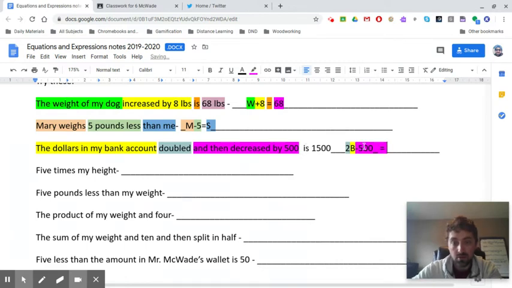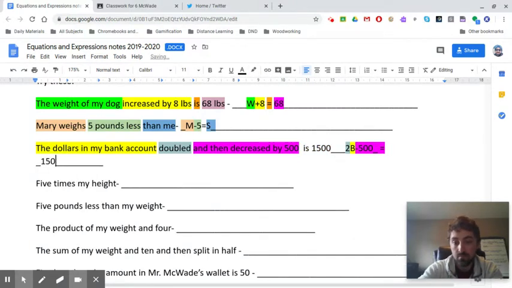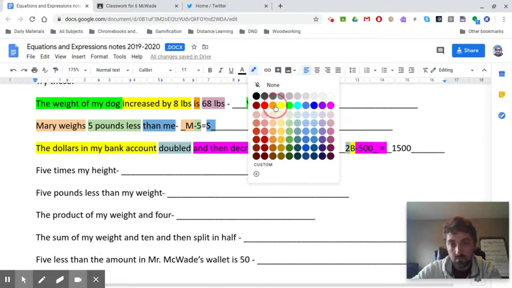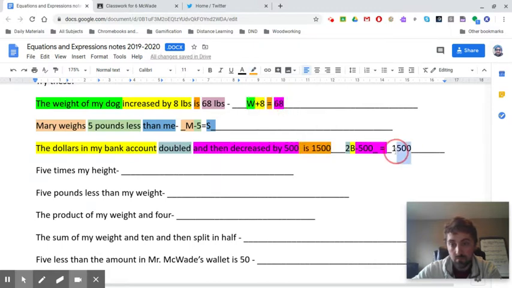Equals, so is 1,500. There you go. So the dollars in my bank account, we don't know what that is, B. Doubled is 2, because 2 times anything is doubling that amount. And then decreased by 500 is 1,500.